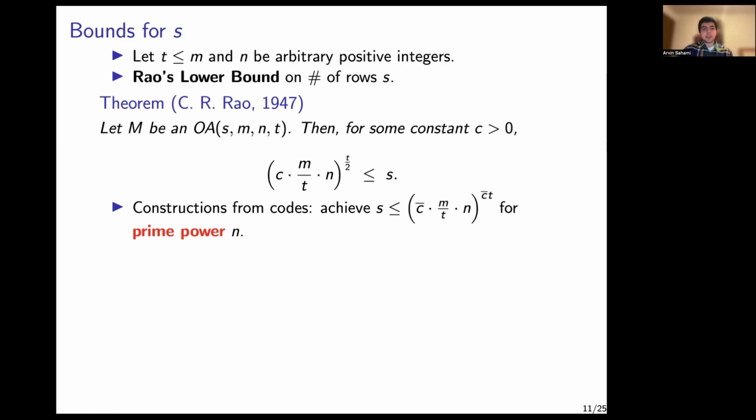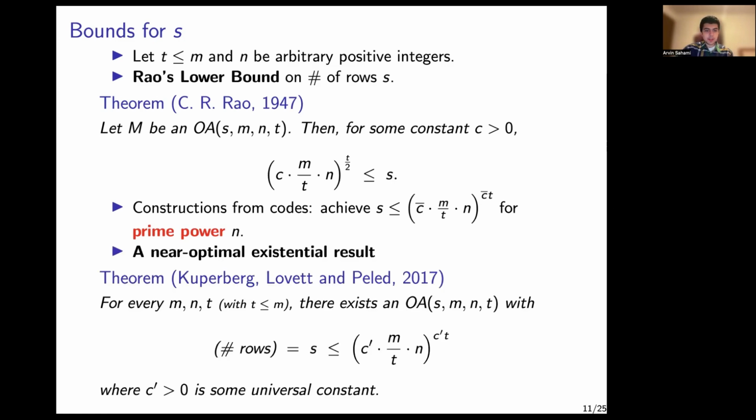And so a very natural question is to ask, what happens when n is not a prime power? A result in this direction is a result of Kuperberg, Lovett, and Peled, which is non-constructive. It says that for any arbitrary parameters m, n, and t, with t being at most m, there exists an orthogonal array with S rows where S is a polynomial in this Rao lower bound.